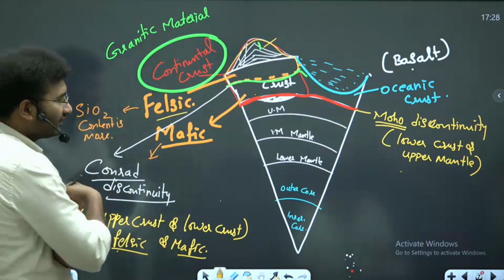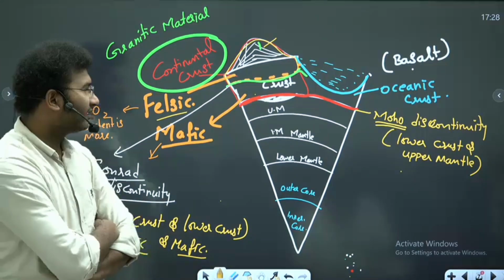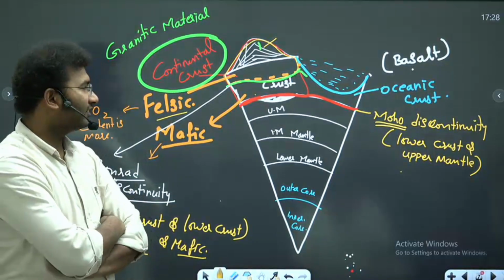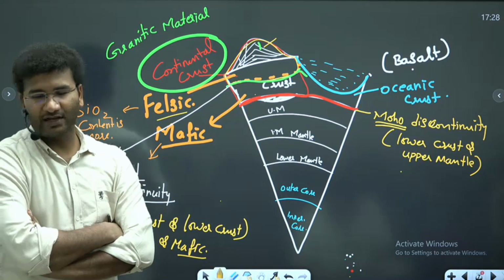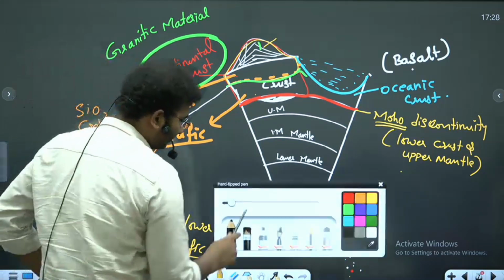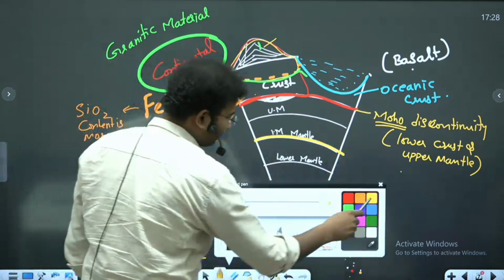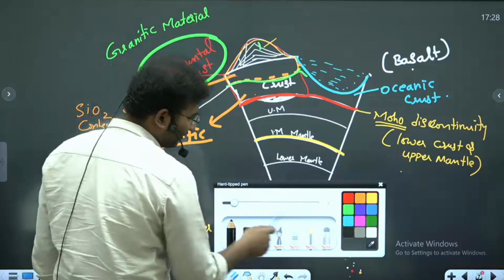Okay. Now furthermore, if you see, the next discontinuity that you will find by the name of REPTI, R-E-P-T-I. Now REPTI discontinuity is a discontinuity between upper mantle and lower mantle, or else you can also call as the discontinuity between this one. Intermediate mantle, I myself have created it, but to make it little more easier for you.